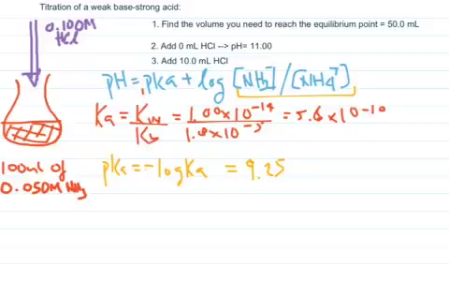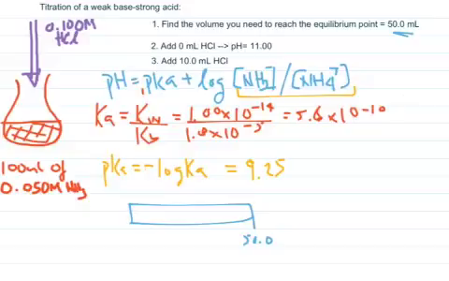Alright, so the first thing I need to do is draw a little box. And I know for equilibrium I need to be at 50 milliliters. Well, if I added only 10 milliliters of the acid, I have 40 milliliters of the base left.